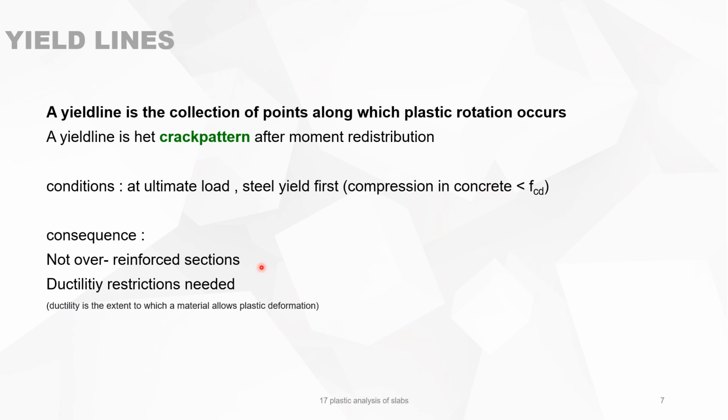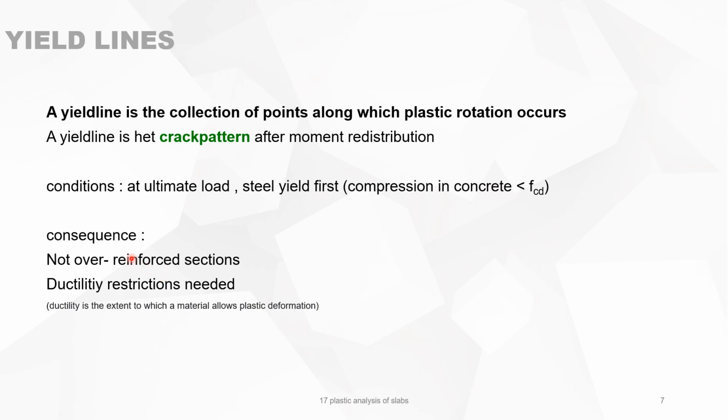This means, in fact, that you should use the method of yield lines only when the effective depth of the slab is less than or equal to the optimum effective depth of the slab. Optimum means the maximum use of strain of steel and concrete.